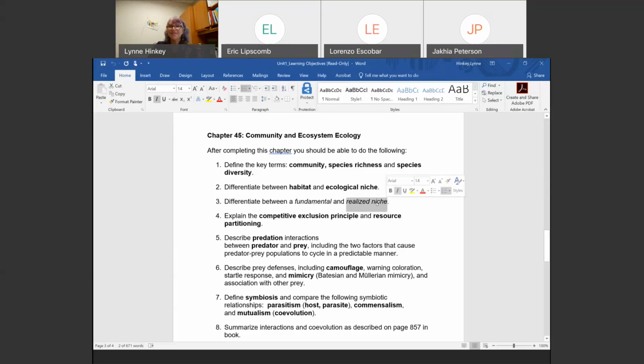The realized niche is going to be narrower, and the reason is because within a habitat, within an ecosystem, I do have competition, and I have other species. So this community of other species are going to compete with one another for different resources, and so they're going to limit one another in what their possible range could be.